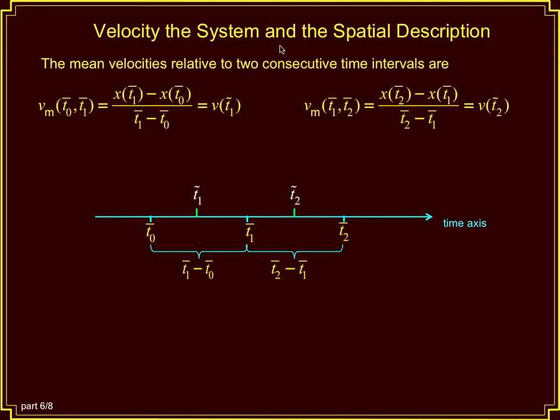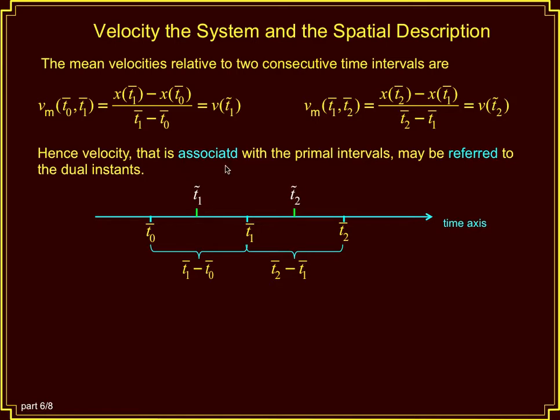The mean velocities relative to two consecutive time intervals are the velocity associated with a dual time instant. Hence, velocity that is associated with primal intervals may be referred to the dual instants.